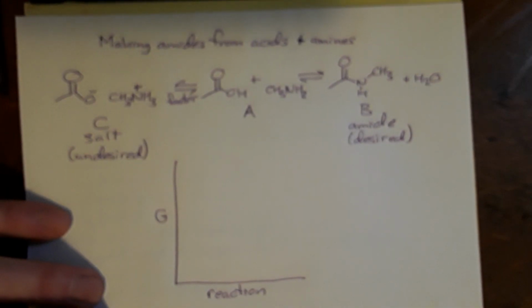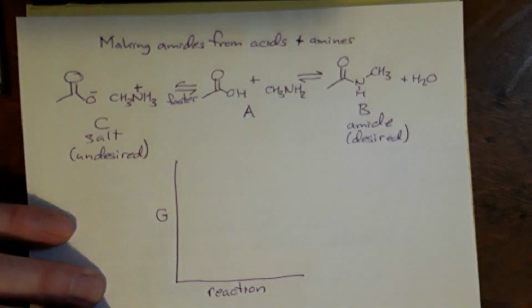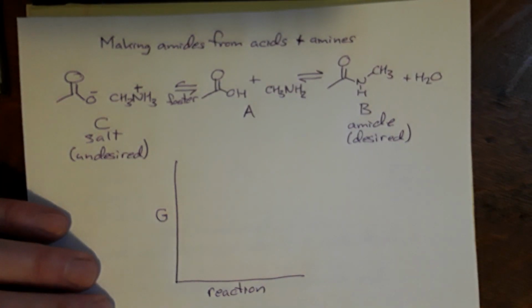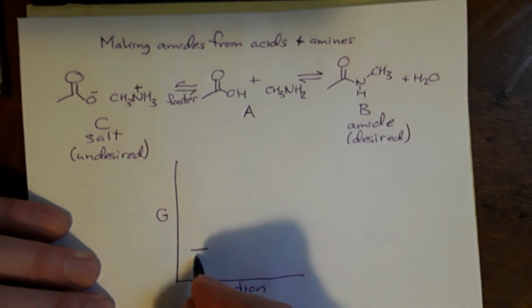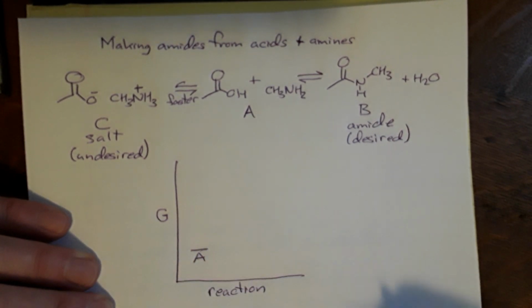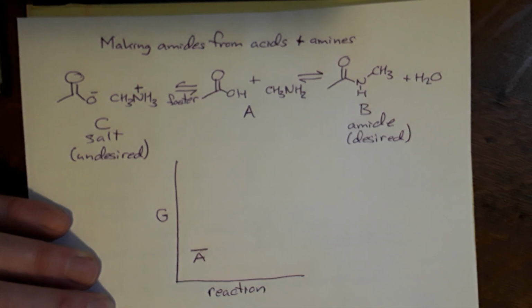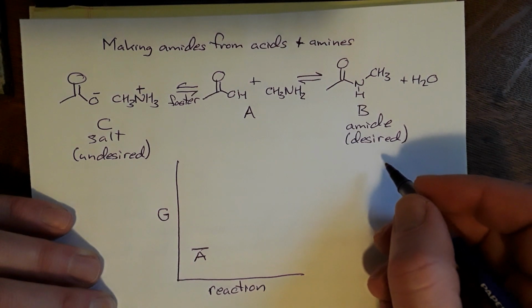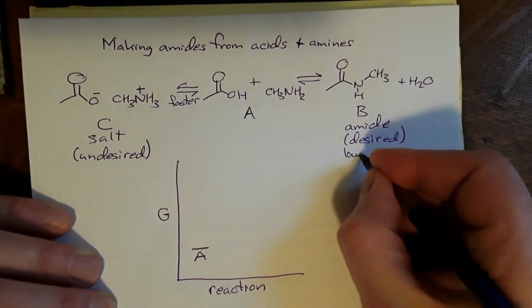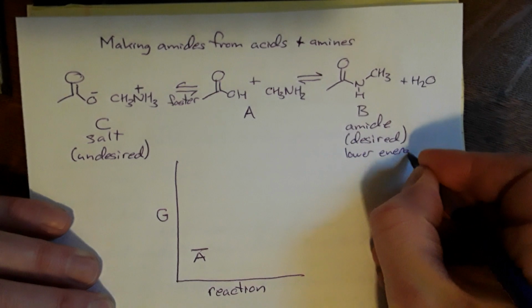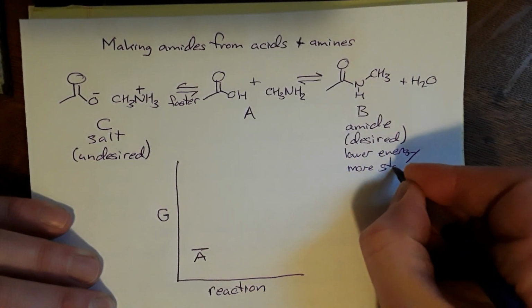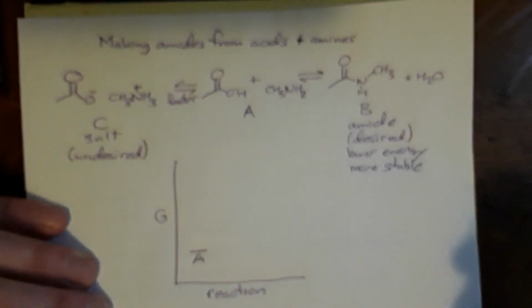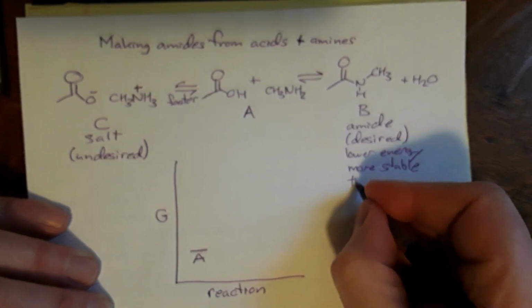So if we start out with A, where we're wanting to begin, and we are going to form B, it turns out that B is actually lower energy, more stable, and more thermodynamically favored.